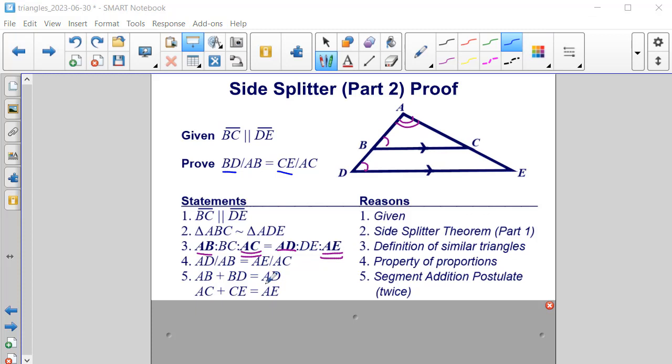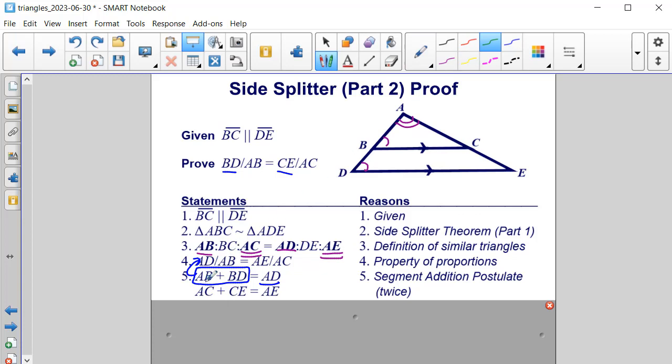The next thing we can do is, since we know that AD is equal to AB plus BD, we can take this section of the segment addition postulate and substitute it in for AD in this proportion.